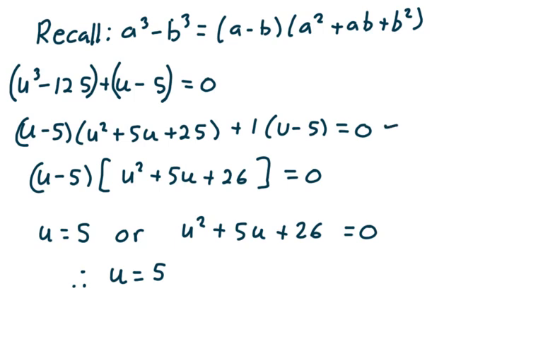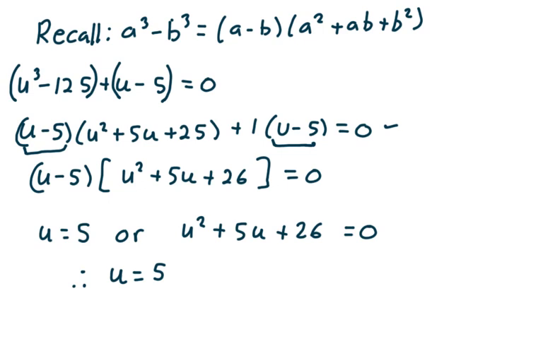Now, I want you to notice how there's a u minus 5 common to both terms. So I'm going to pull out a u minus 5. And when I do, I get (u minus 5) times the quantity (u squared plus 5u plus 26) equals 0.